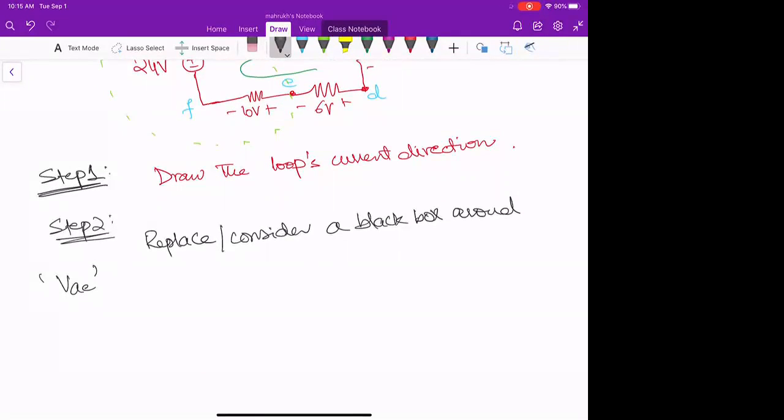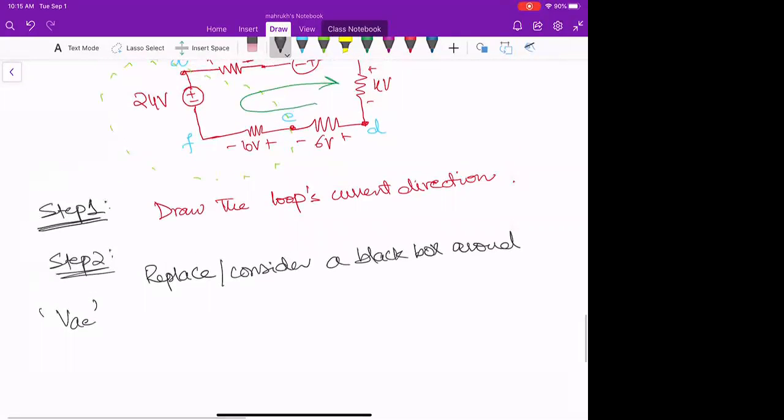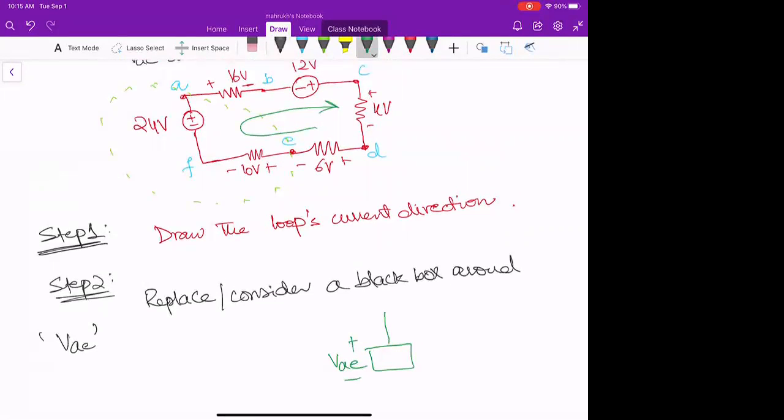So let's see. I am drawing a black box. There are two ways I can draw this black box. So this is VAE, and I will draw the rest of the circuit.